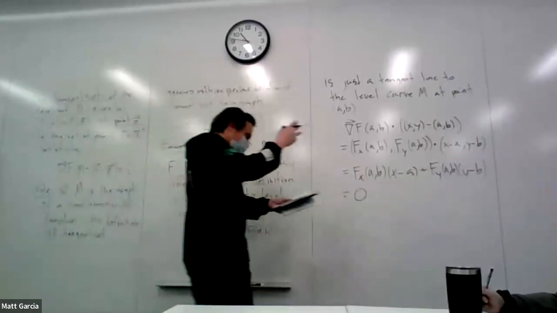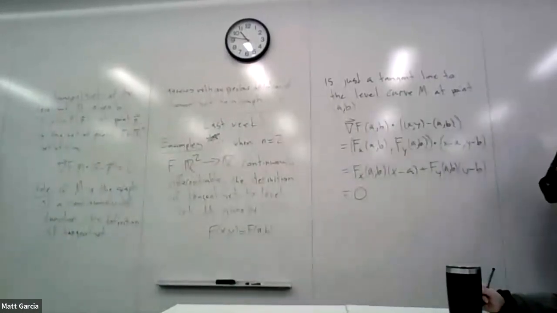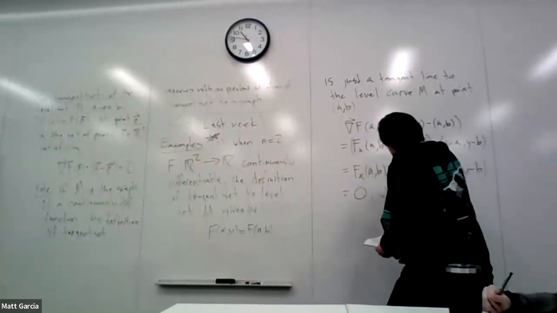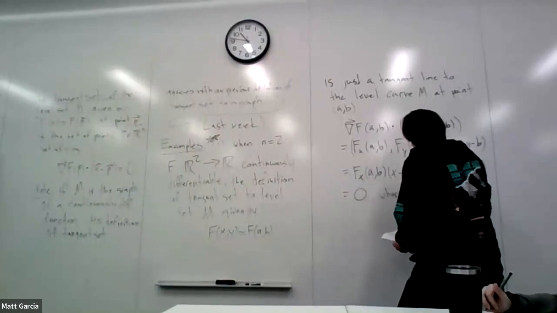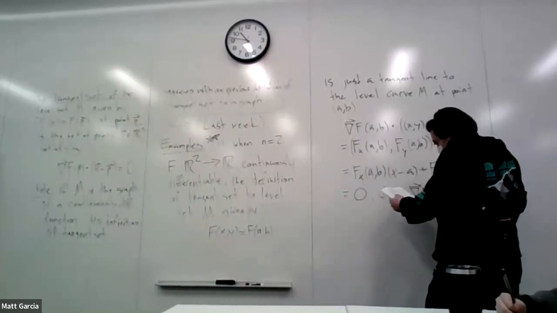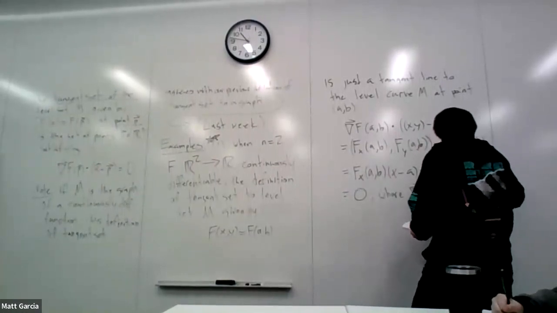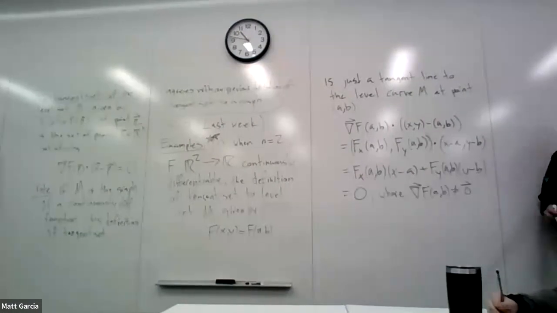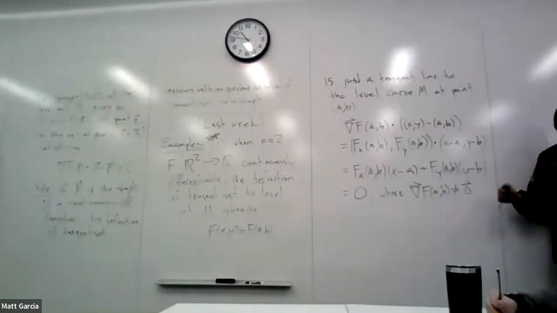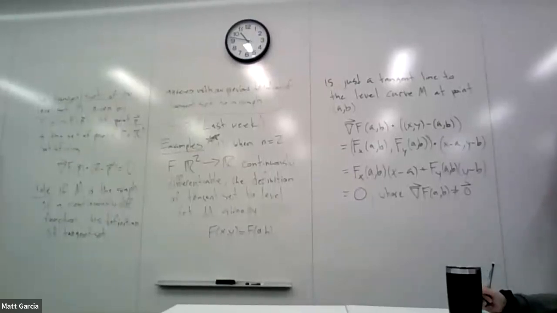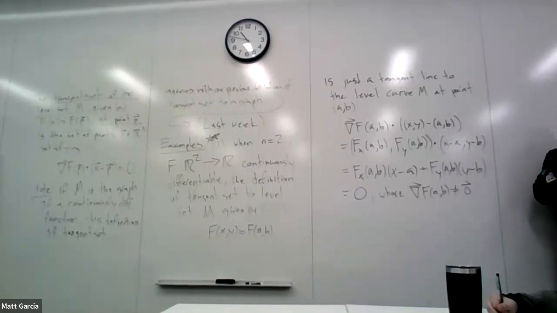Now remember, if you look back to our theorem from Monday, we must have the gradient of f at a comma b not equal to the 0 vector. Somebody explain to me why we insist on this. We talked about this a little on Monday. Think about it for the first time now.